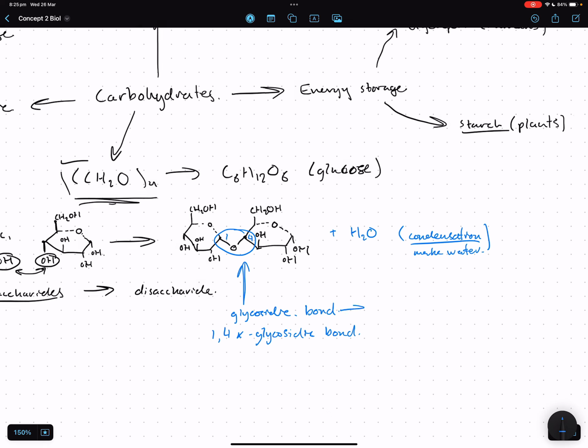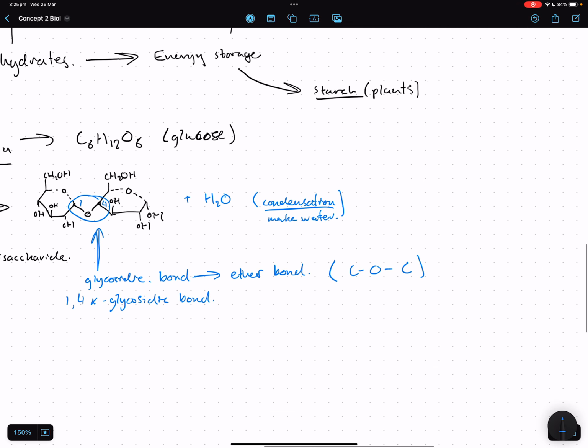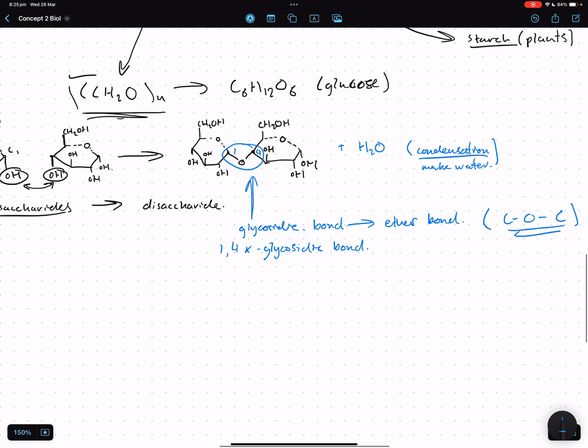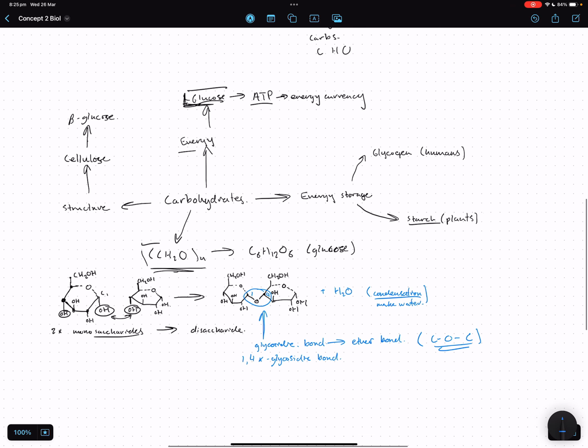The other name for this bond is an ether bond. An ether bond is a structure that looks like this, C to O to C, like this sort of linkage. It's called a glycosidic bond.